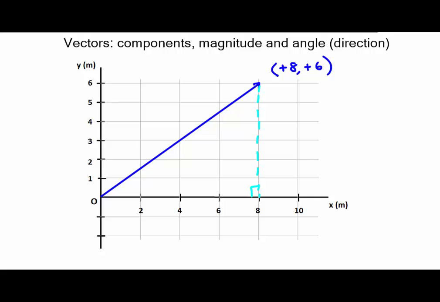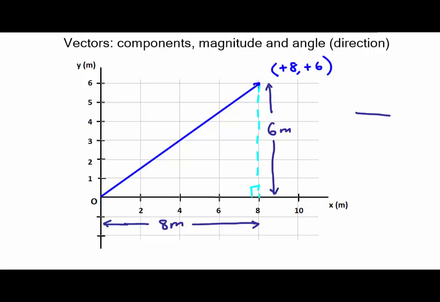That's what makes this a right triangle. Coordinate axes, by the way, are always perpendicular to each other. And I have two sides of this triangle. And if I have two sides of a right angle triangle, I can get the third using the Pythagorean theorem. The base of this triangle here is 8 meters long, and the height of the triangle is 6 meters long.